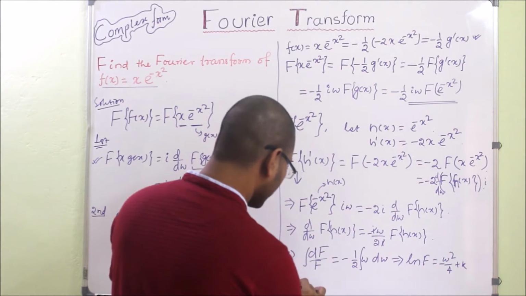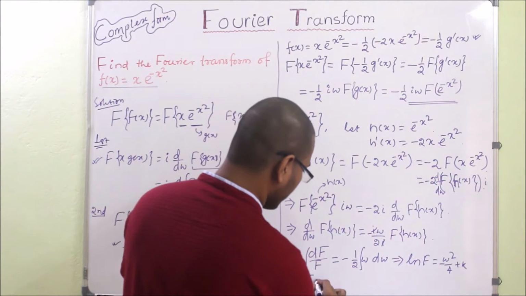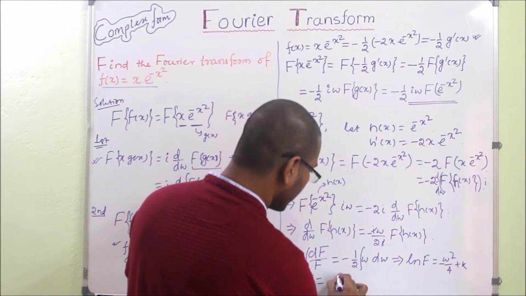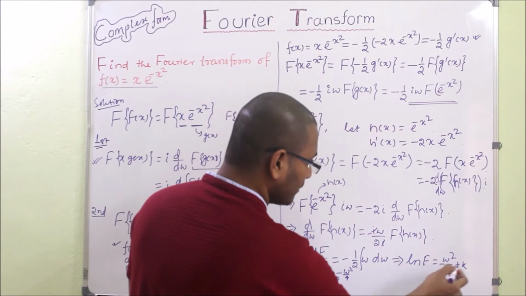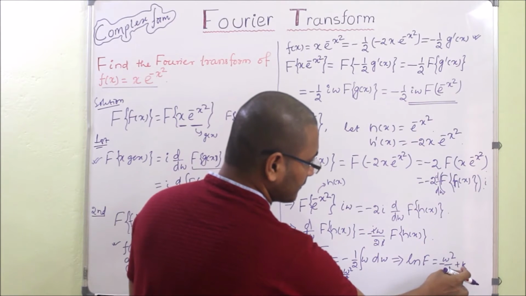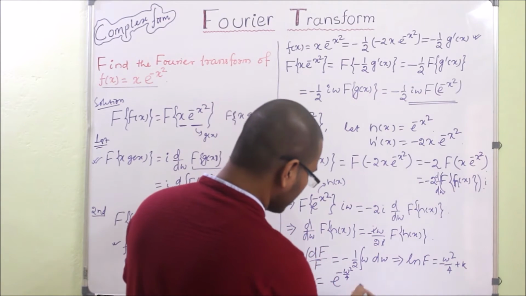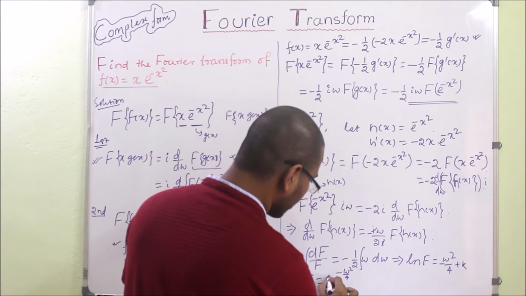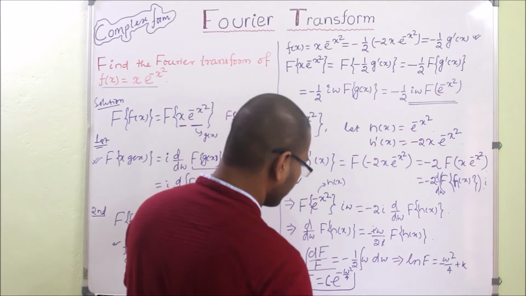Now if I take exponential both sides, we will get f equals e to the power minus w square by 4 into this, means plus of this, means it will be multiplied, so that I can write some constant c. So we got this expression f.